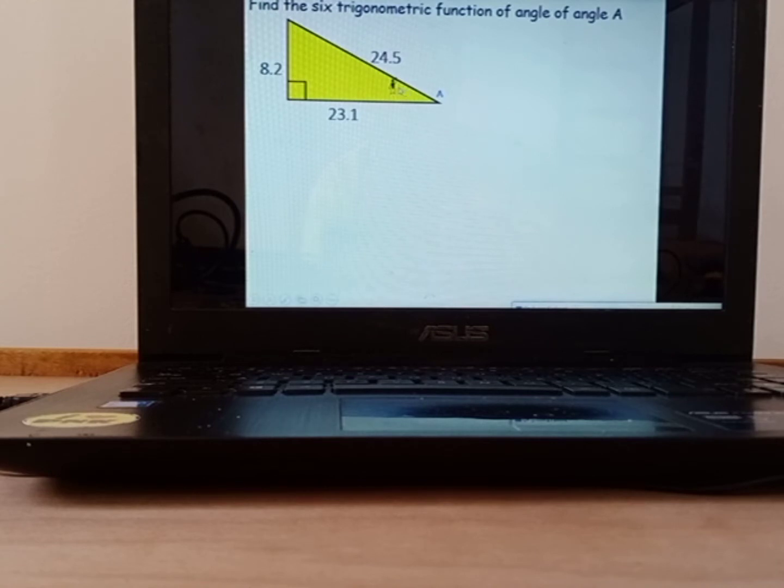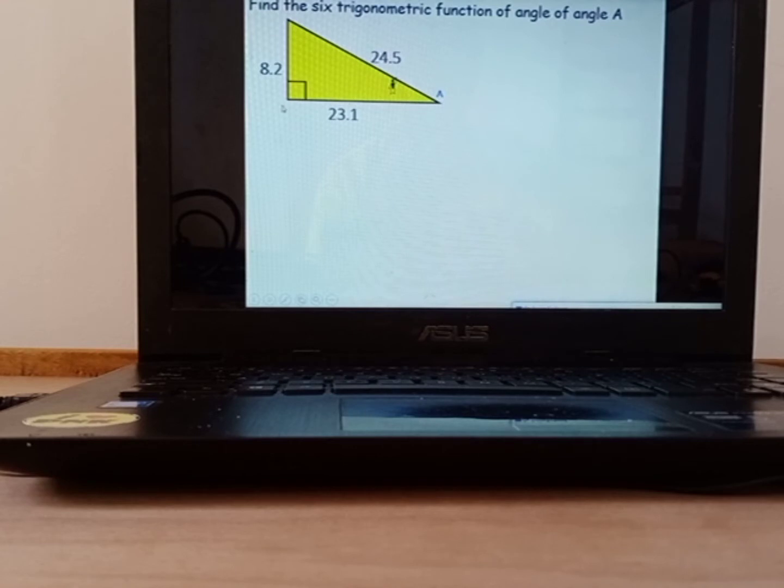So this is our opposite leg. Take note, class, if it is at the front of your angle, this will be your opposite leg.